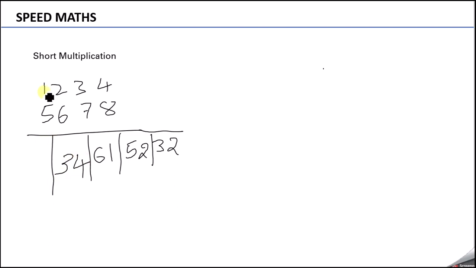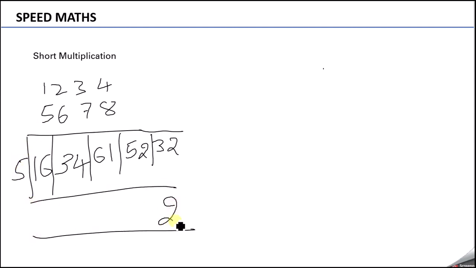Now you come to this, 1 into 6 plus 5 into 2. So 6 plus 10, 16. And the last one is 5 into 1, which is 5. That's it. Get your answer now. 252 plus 355. Move 5 years. 6. 6 becomes 40. 4 becomes 20. And this becomes 7.